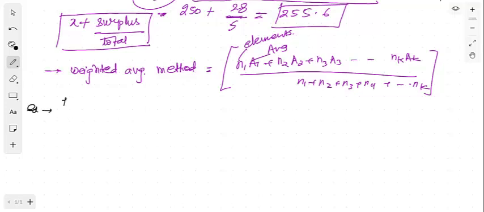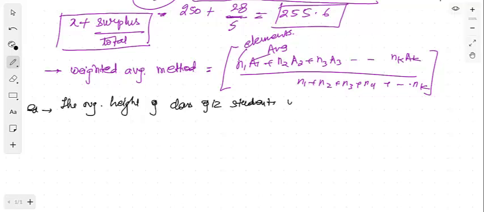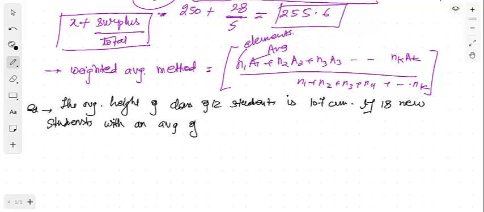Example: the average height of a class of 12 students is given as 107 centimeters, and if 18 new students with an average of 117 join the class, then find the new average.